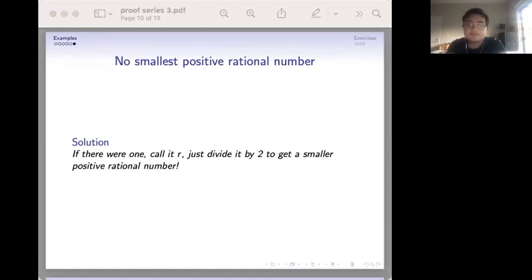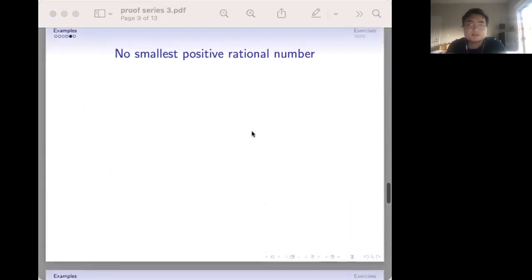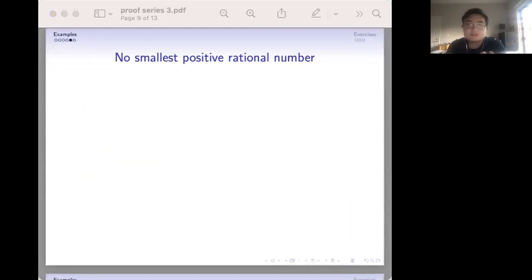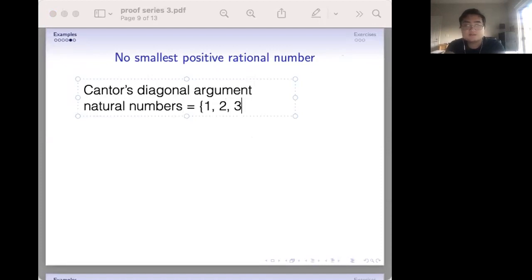If you're interested in even cooler arguments, I'd highly recommend looking up Cantor's diagonal argument, which gives rise to a proof that the set of all natural numbers or positive integers, right, 1, 2, 3, and so on, is not the same size as the set of all real numbers.